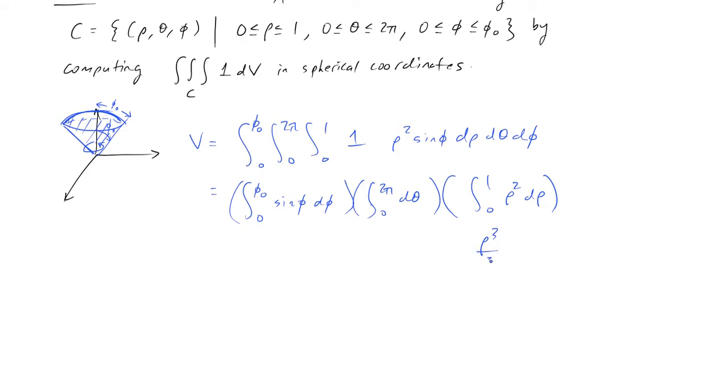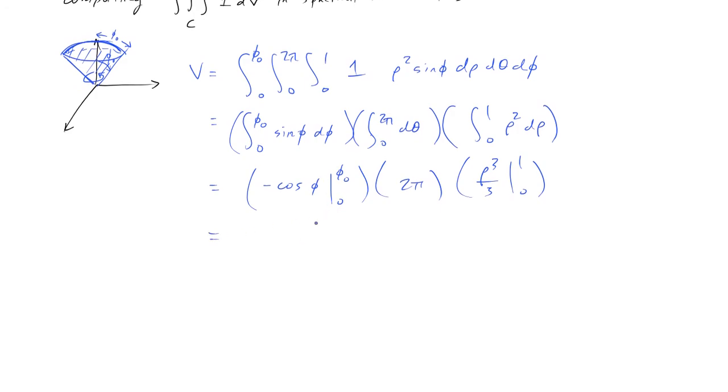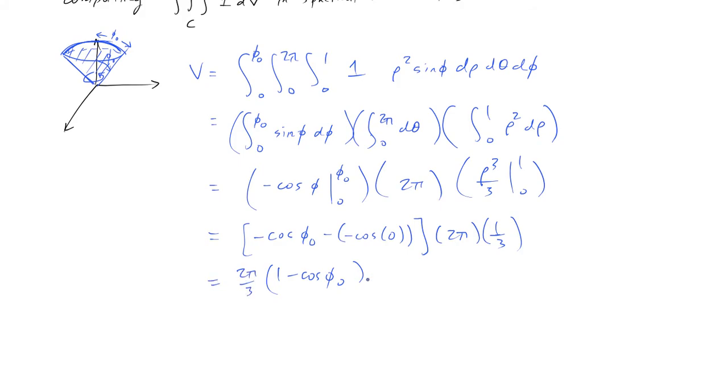That's going to be rho cubed over 3 from 0 to 1. That'll be 1/3. This will be 2 pi, and this will be negative cosine of phi from 0 to phi naught. So we put phi naught in, we get negative cosine phi naught minus negative cosine of 0, times 2 pi times 1/3. If we clean this up, this will become positive 1 minus cosine phi naught times 2 pi over 3, which we'll put in front here.